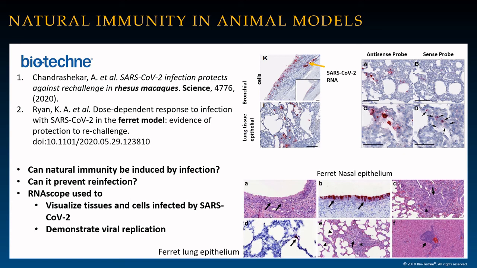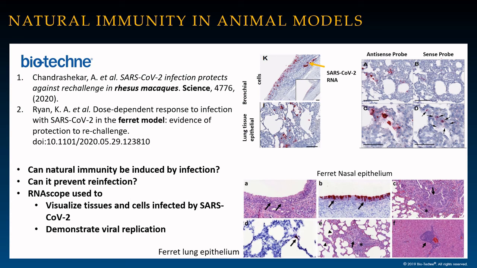So some of these papers that you see here used RNAscope to visualize tissues and cells that were infected by SARS-CoV-2 and then further demonstrate viral replication. So we have probes that allow you to look at not just the viral strand, but also the replicating strand of the virus, really highlighting the importance of RNAscope in this research for studying natural immunity or immune response in animal models.